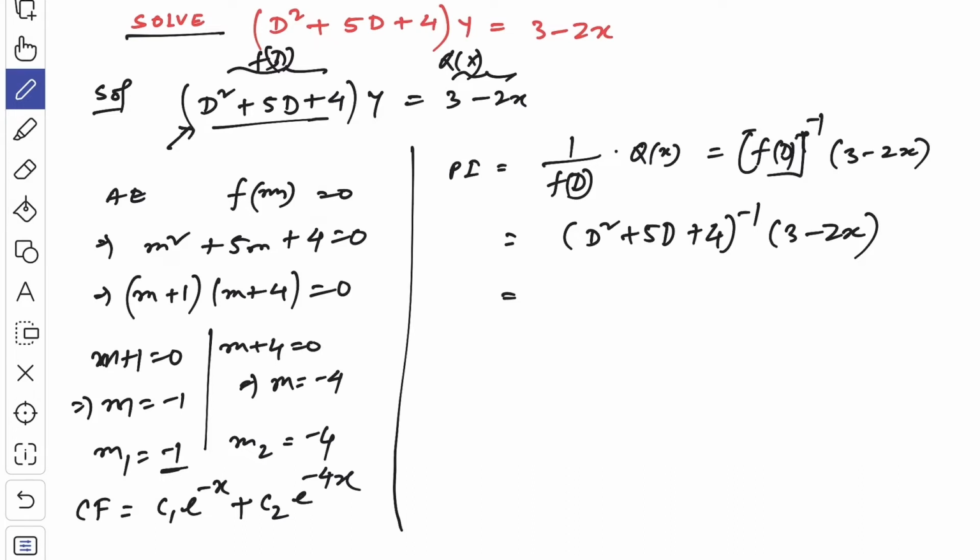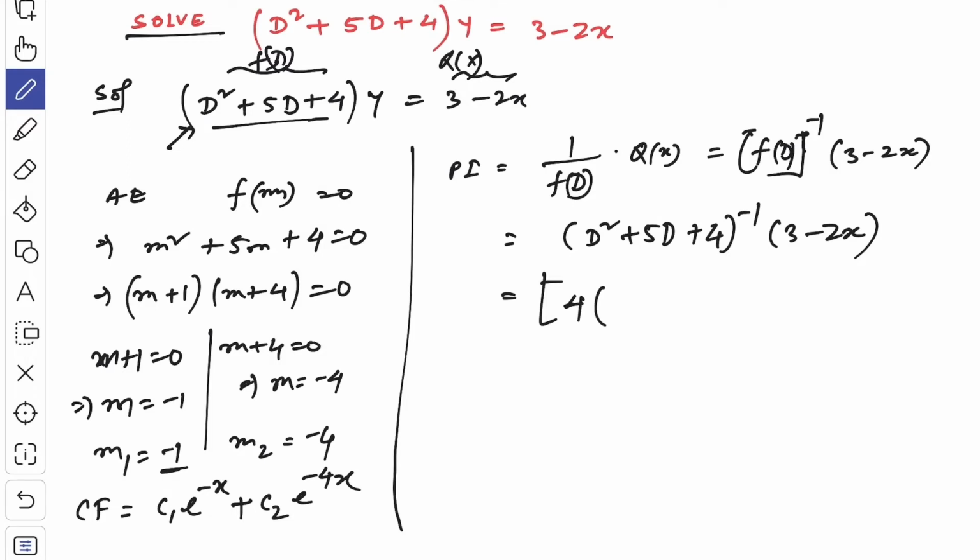Before you expand using the binomial theorem, let me express it in the form (1 + x) whole to the power −1. In order to do that, let me take 4 common.